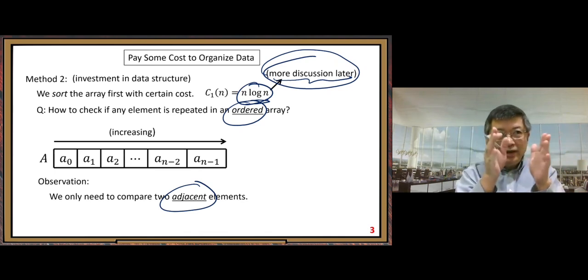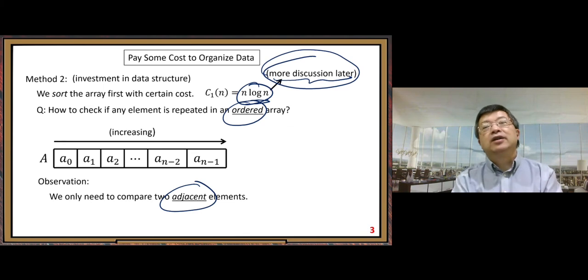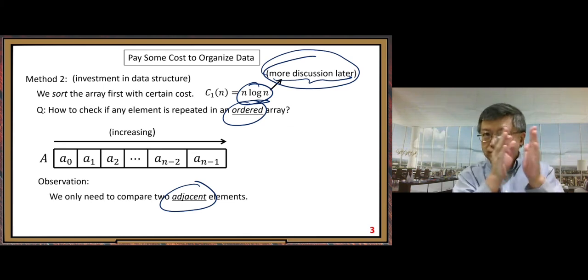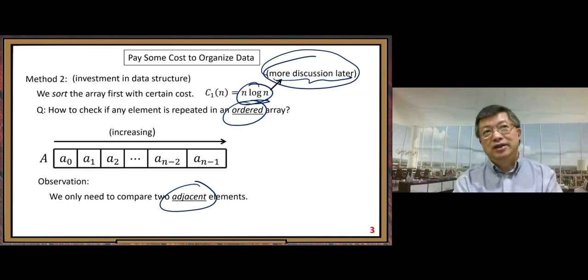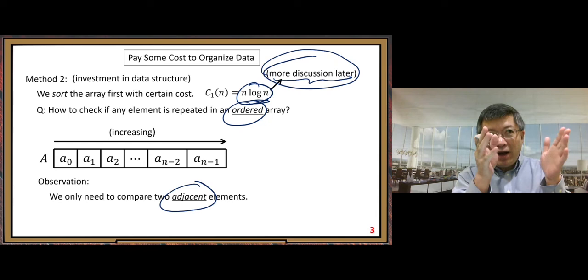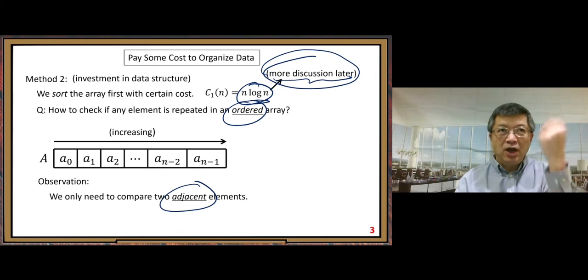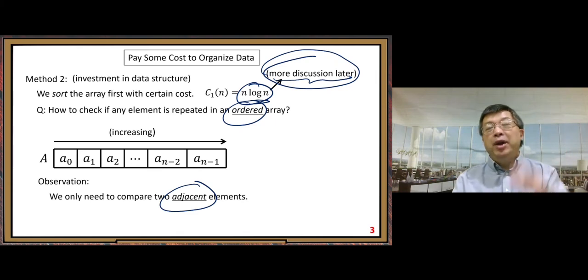Same value elements have to be connected in a block, because you may have multiple elements that have the same value. So there is a block of elements with the same value. This is the key observation. You just check two adjacent elements. If they have the same value, then you find the answer.